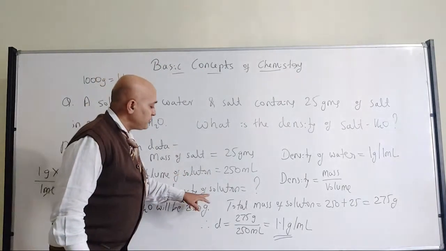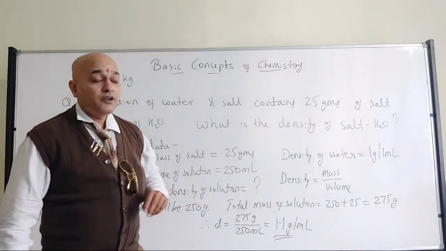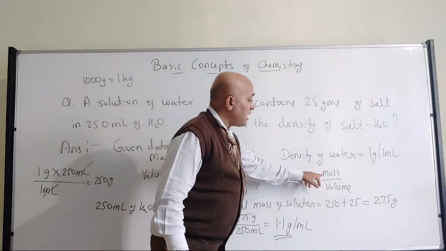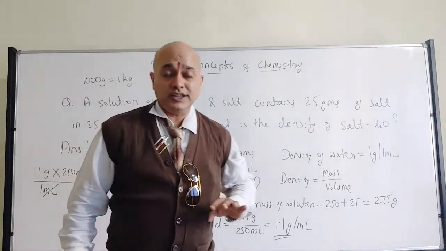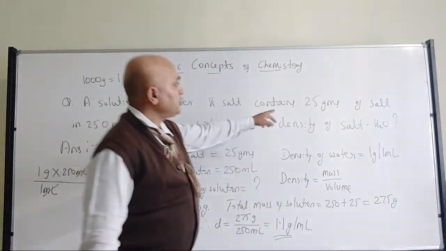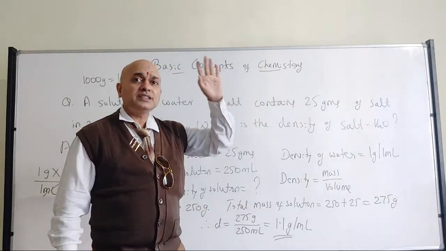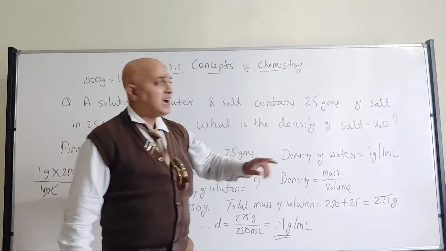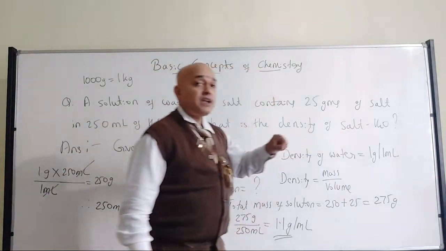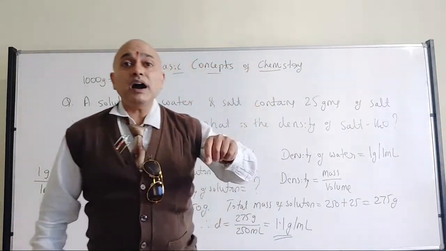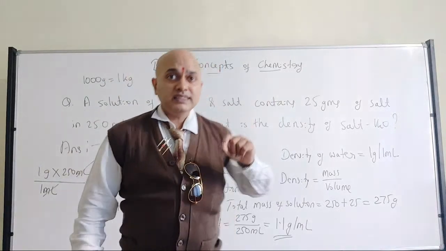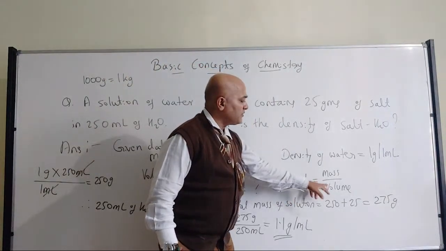Since they are asking about the density of the solution, we have to find out the mass of the given solution. We cannot take 25 gram as it is. 25 gram belongs only to salt. But they are asking about solution. So we have to find the mass of solution. Then only we can calculate the density of the solution.